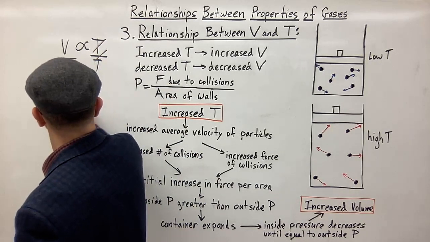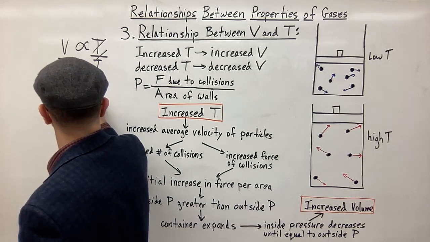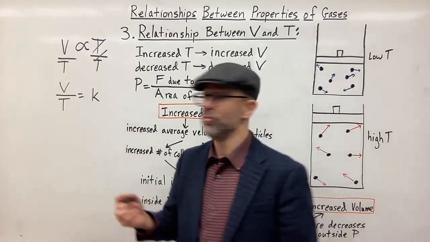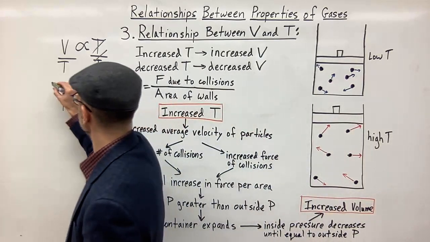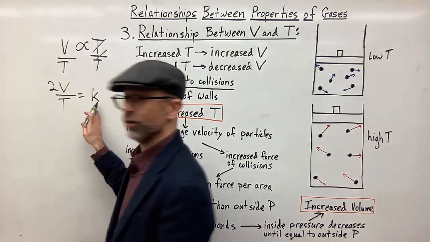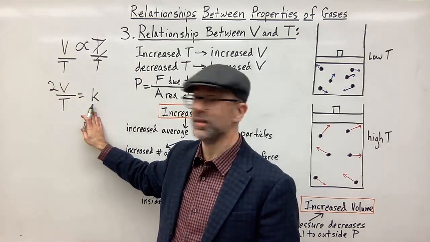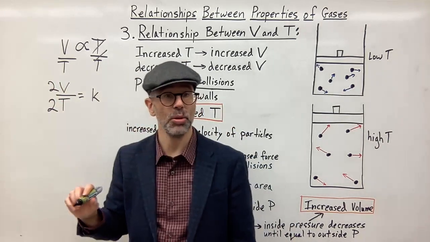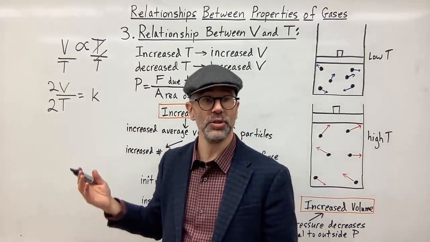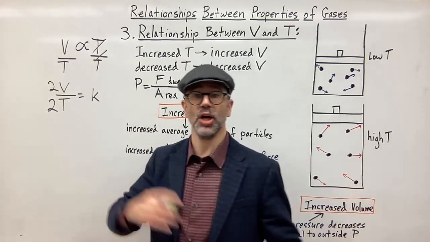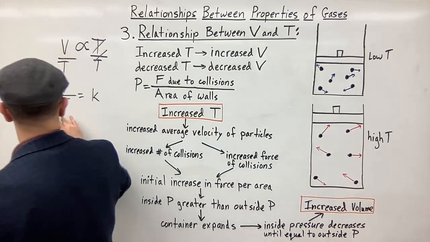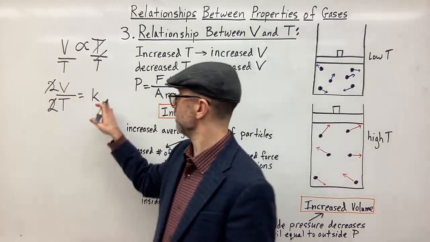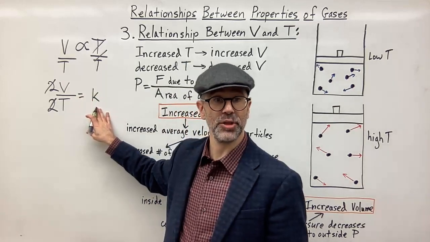So you have volume over temperature is equal to some constant, we'll call it K. So in this case, if I double the volume, in order for it to stay constant, the temperature has to double. So doubling the volume will double the temperature. Doubling the temperature will double the volume, right?